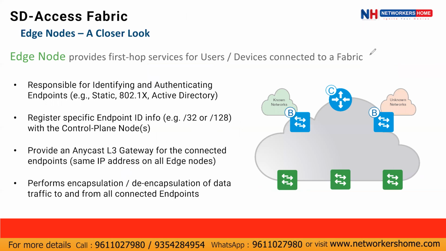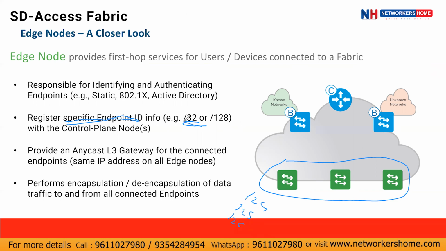Yeah, we were on the edge nodes. So these are the edge nodes connecting the endpoints. Now in SD fabric, any endpoint connects, it's a direct /32 entry, which means that the specific endpoint ID information is stored and not on the basis of subnet /24, /25, /26.